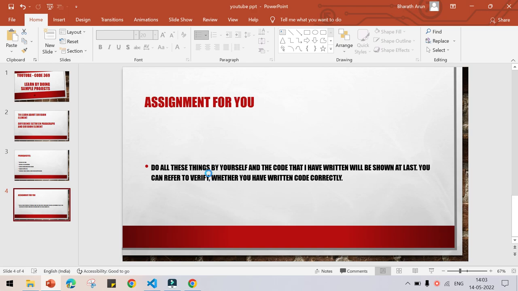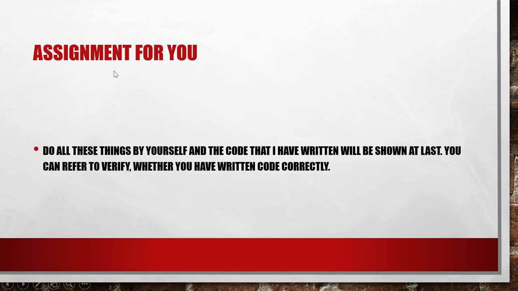Coming to the assignment for you, do all these things by yourself, and the code that I have written will be shown at last. You can refer to it to verify whether you have written the code correctly or not.